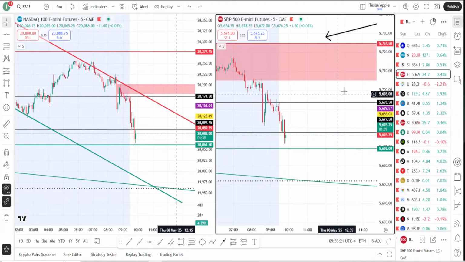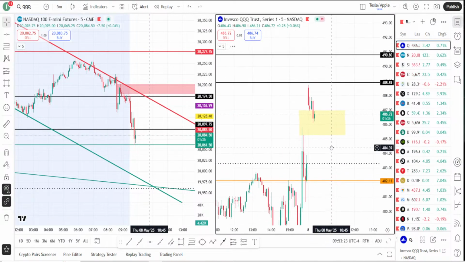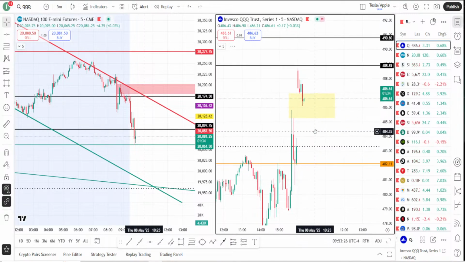And let's check if the Qs filled the gap. Did they fill the gap on the Qs here? Not yet.